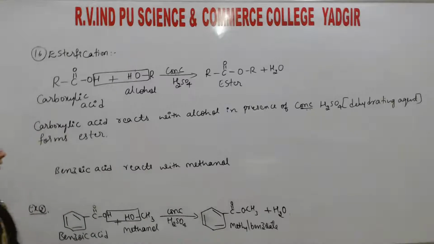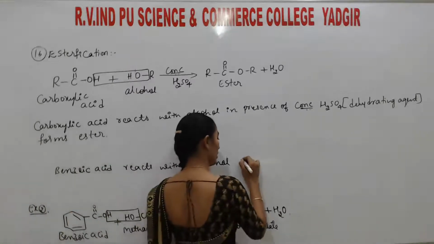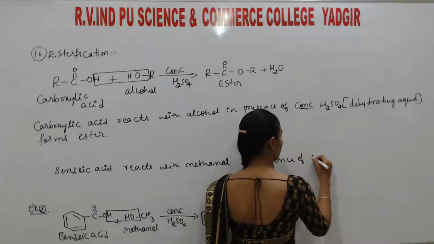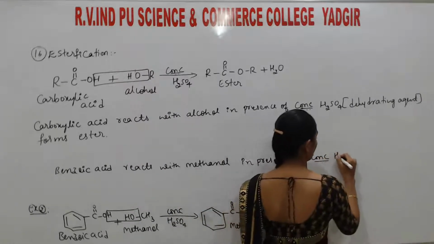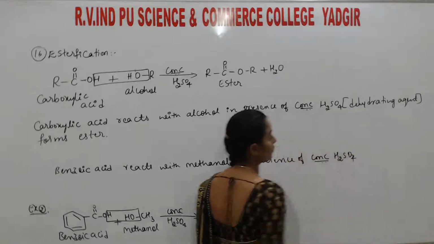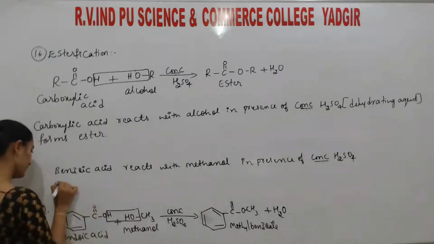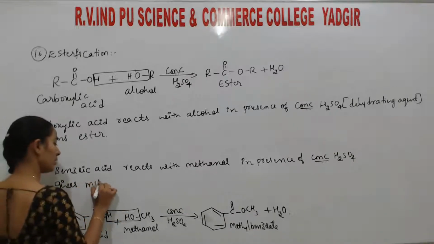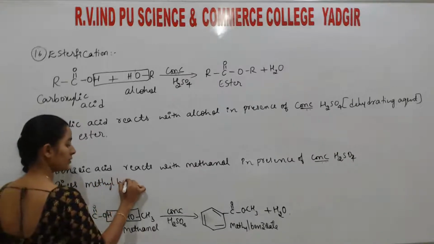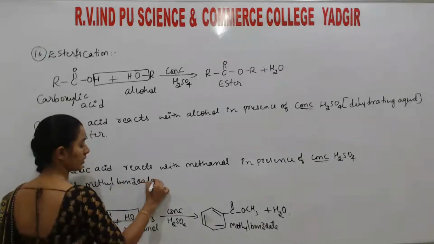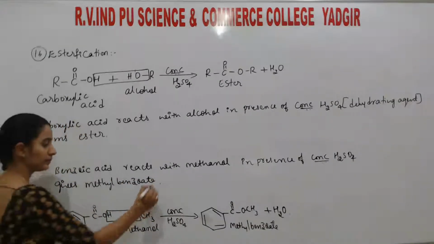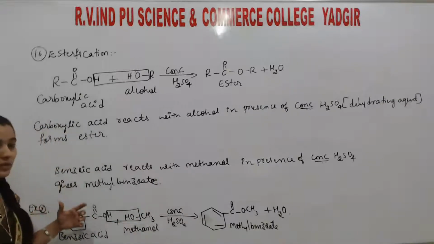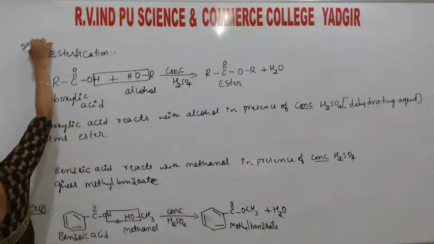Benzoic acid reacts with methanol in presence of concentrated H2SO4 and gives methyl benzoate, that is an ester. Understand? Students, this is about the esterification reaction, important for 2 marks.